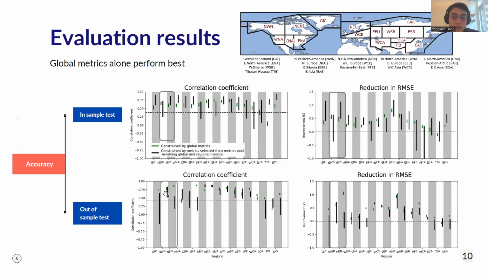But using the global metric to constrain the regional warming, it performs robustly, not sensitive to the internal variability, and there is also a stable performance across these two tests.